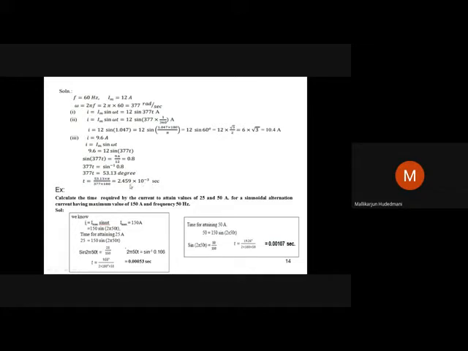How to cross check this? Take this answer, 2.459 millisecond, in this position. What is that position? The basic equation I have here is 12 sin 377t. In this t position, if I substitute this value, 2.459 × 10 to the power minus 3, what I must get? The answer should be equal to 9.6.